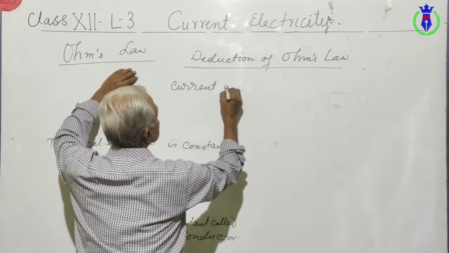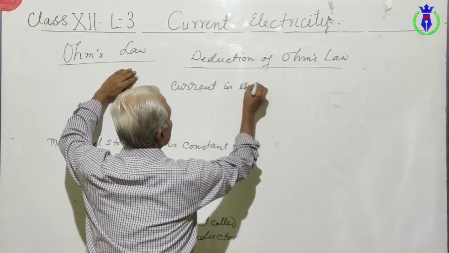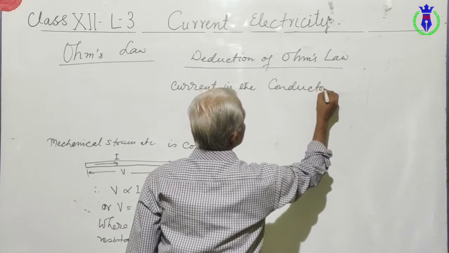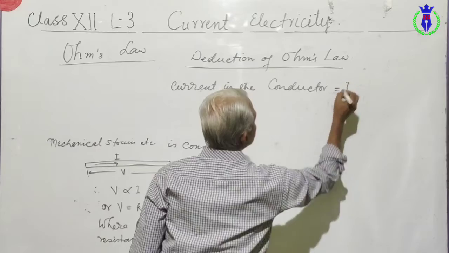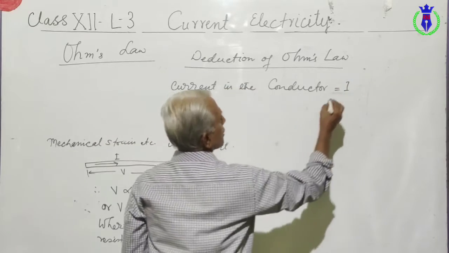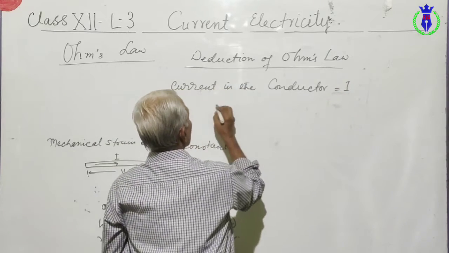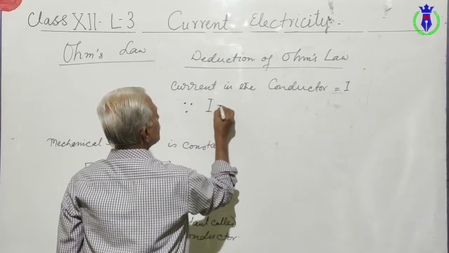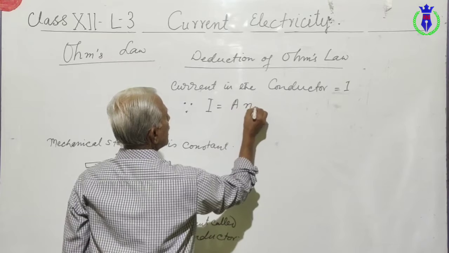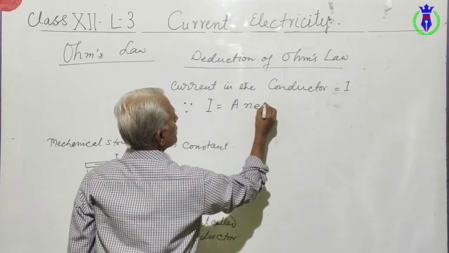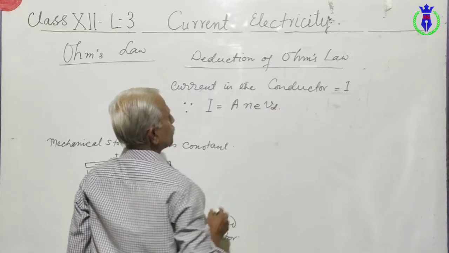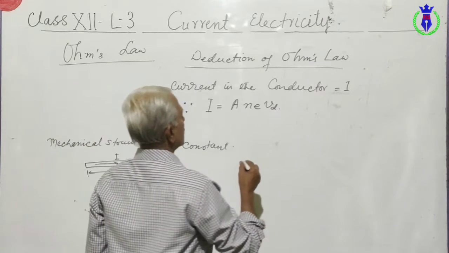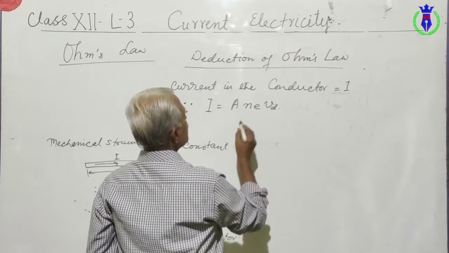The current in the conductor is equal to I. Since I is equal to ANEVD.